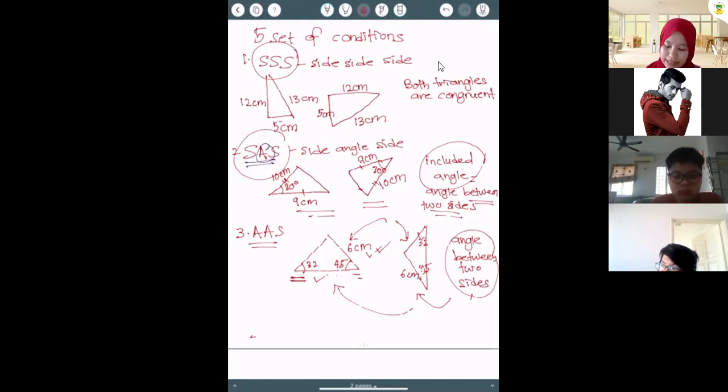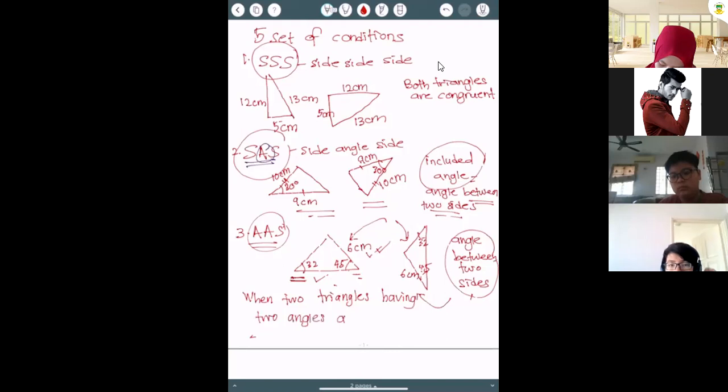Okay, next rule, the fourth one. Guys, this is congruent. Look at here, AAS. AAS is when two triangles have two angles and one side of the same value.